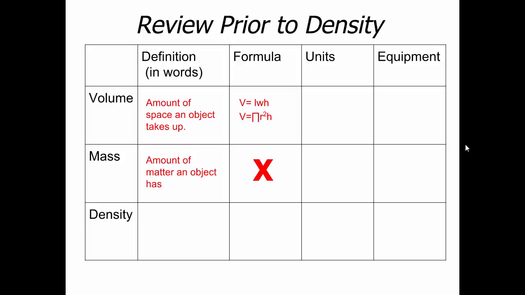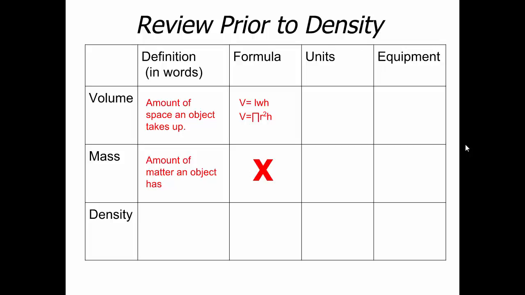How about the units? I know we all love units so much. What are the units that we use for volume? Dean? Cubic centimeter. Give me your actual answer. What units do we use to measure volume? Centimeters cubed. What else?